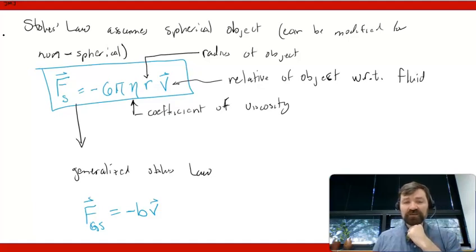Generally speaking, this term includes the viscosity in it somehow, and it includes some sort of a length scale term. So if you do not have a sphere, then maybe the length scale term is like the cross-section length for a square object or something like that with a square-shaped cross-section.